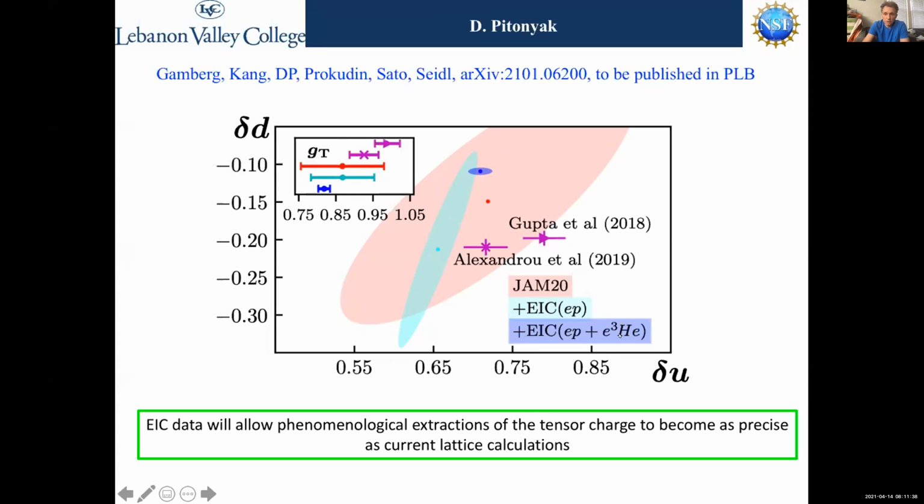But then we add helium-3 data, and this violet ellipse shows the precision of the extraction that we expect after electron-ion collider data is available for those energies for proton and helium-3. And after we add helium-3 data, our precision of the extraction becomes comparable with lattice QCD.